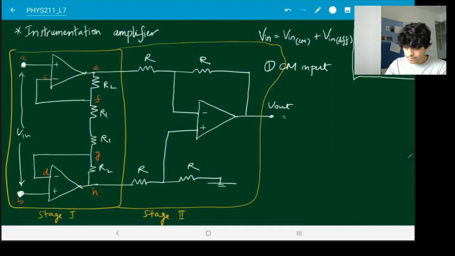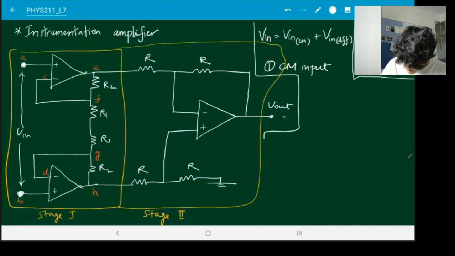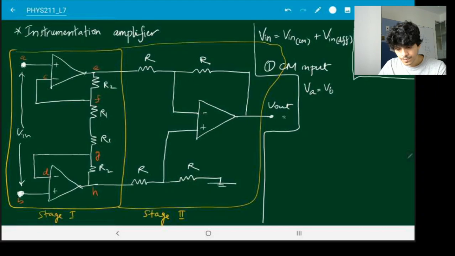So you will notice that because this is common mode gain, VA is equal to VB, but because of the properties of an op-amp, there is a virtual short between the non-inverting and the inverting terminals.